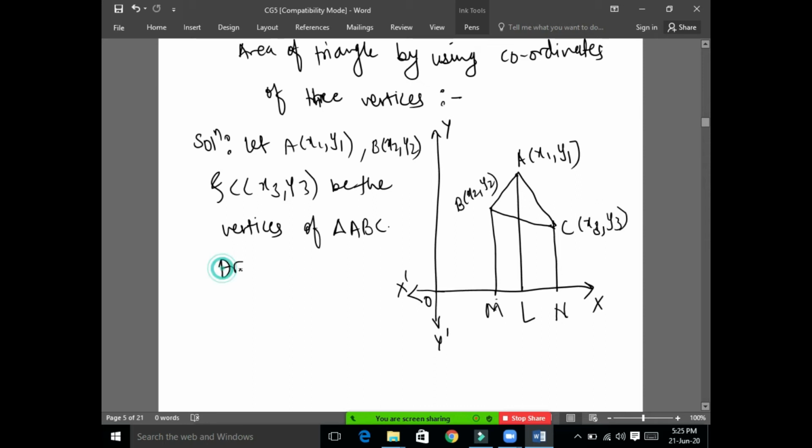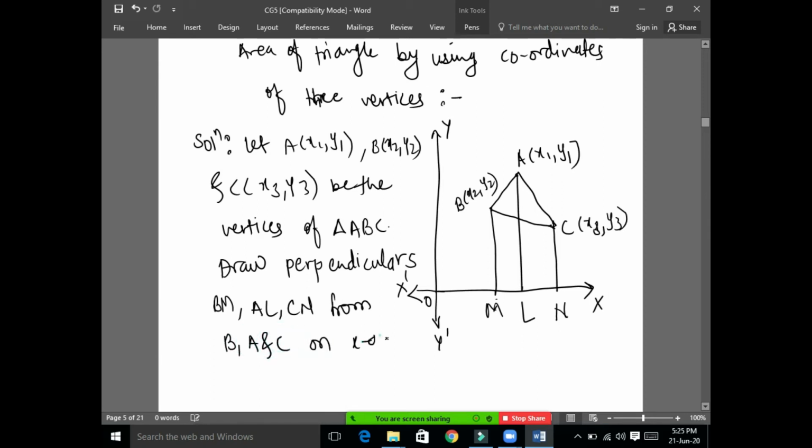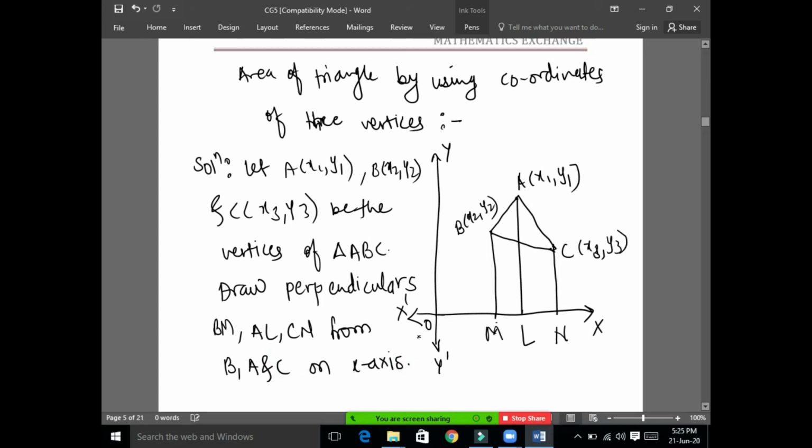Draw perpendiculars BM, AL and CN from points B, A and C on the x-axis respectively. So whatever we have drawn, we make a note of it.